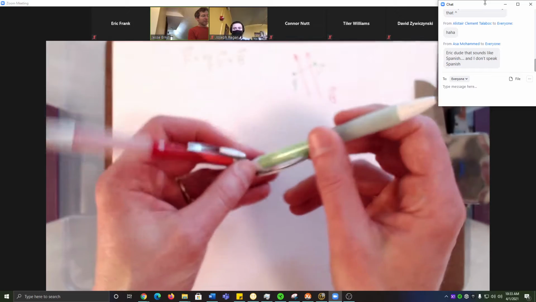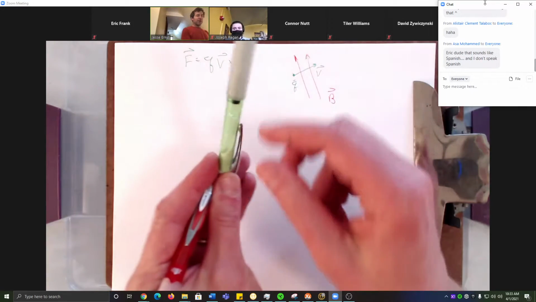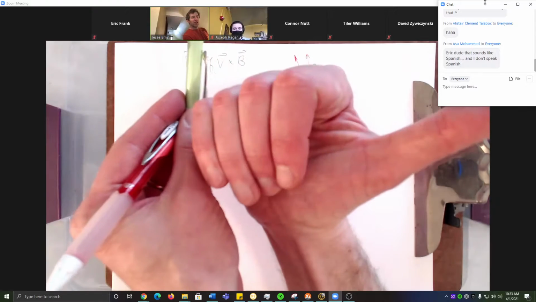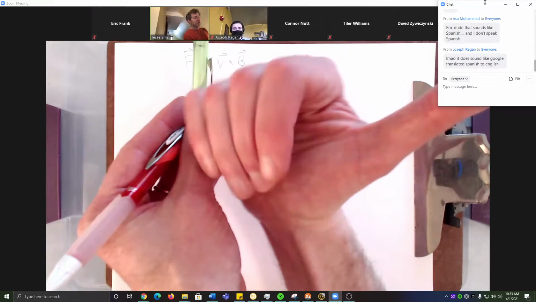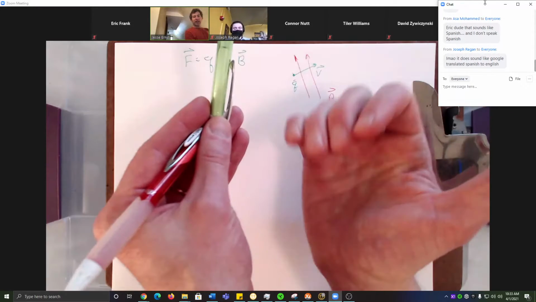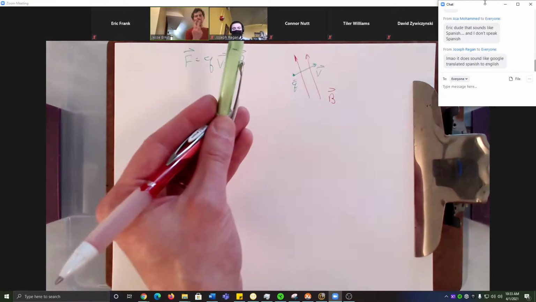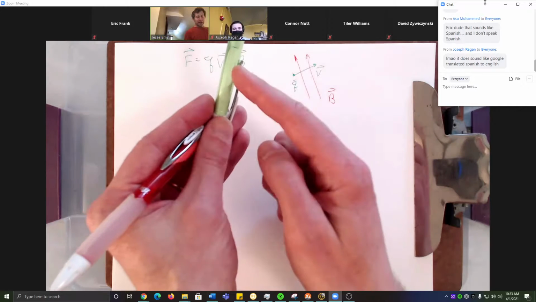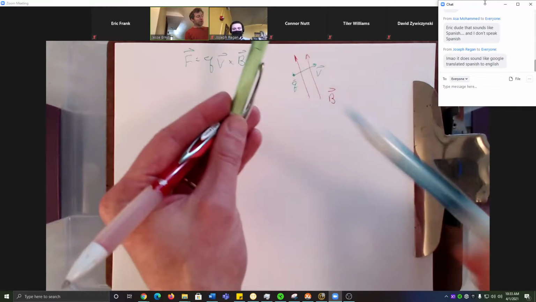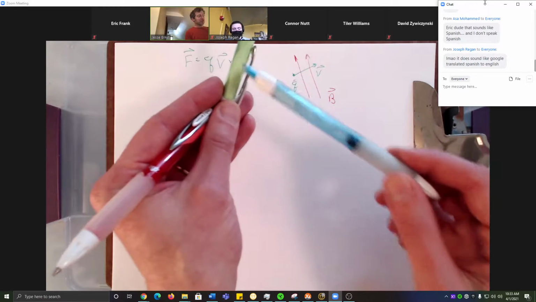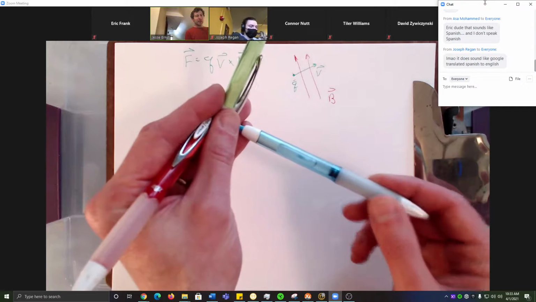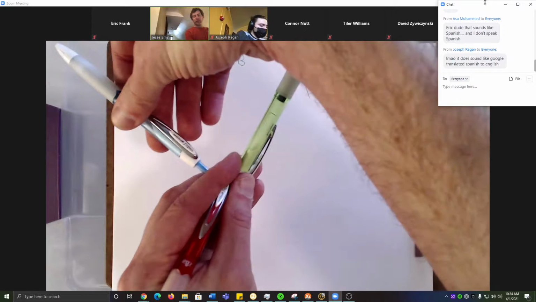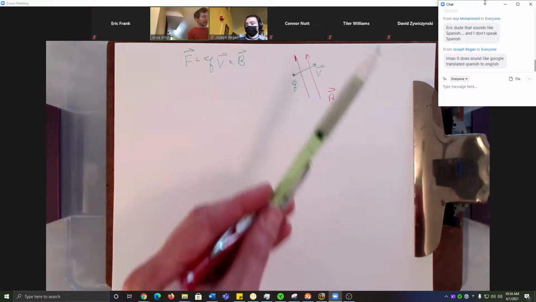If instead v pointed this way and B pointed that way, then v cross B, using my right hand, points this way. You're only using the right hand rule to choose between the two options. There are only two directions the cross product can be, because it has to be perpendicular to both of the input vectors. So v cross B can only be this way or that, and you're only using the right hand rule to choose between those options.